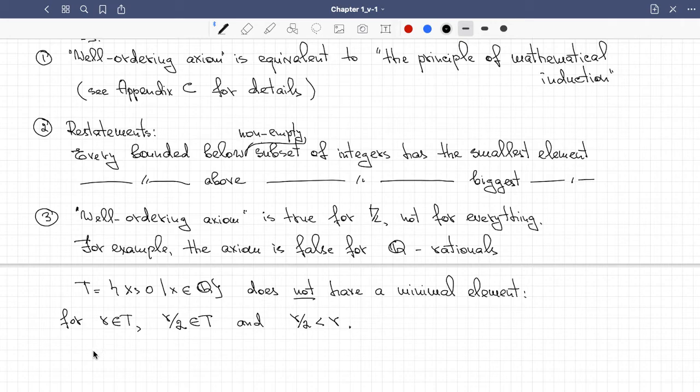In contrast, for integers, the similar set of non-negative integers has its smallest element, zero.